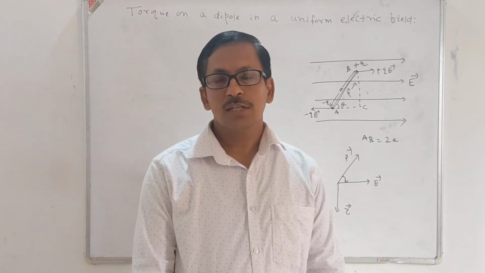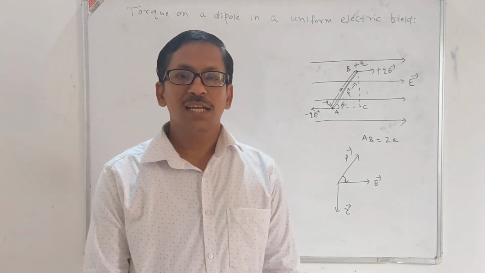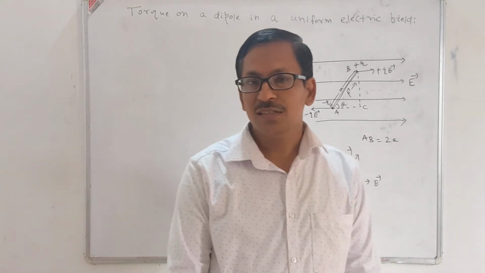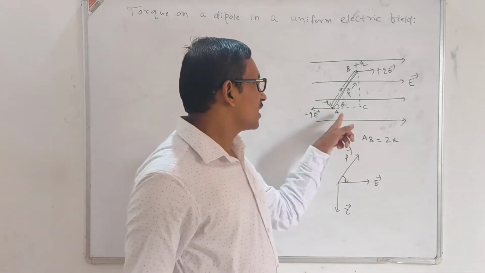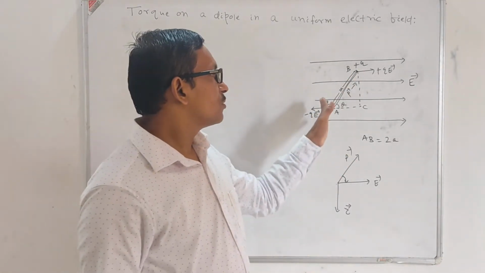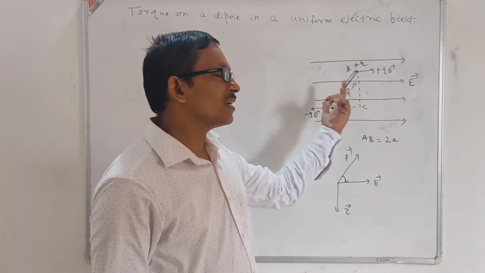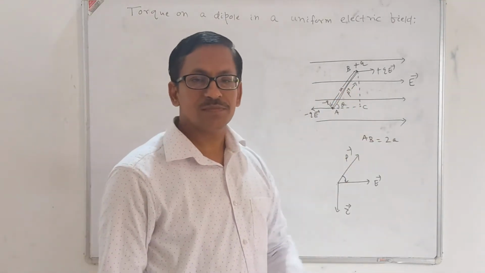Now let us see what happens when an electric dipole is placed in a uniform electric field. Suppose an electric dipole having charges minus q and plus q, separated by distance 2a, is placed in a uniform electric field.